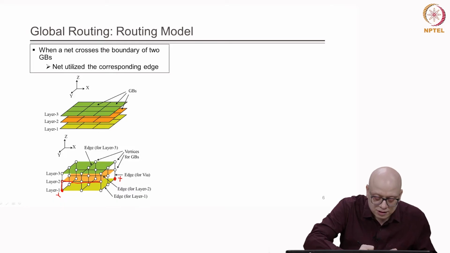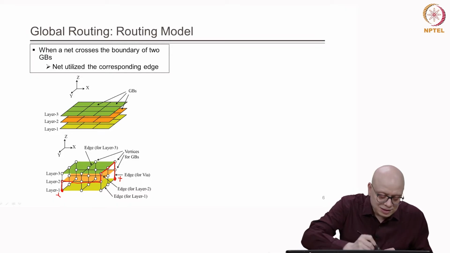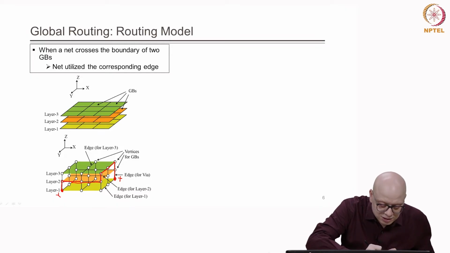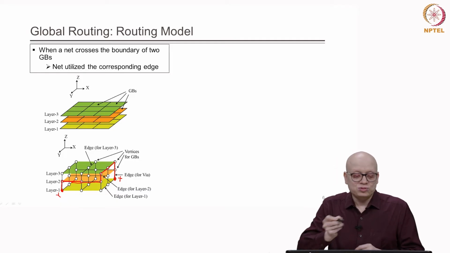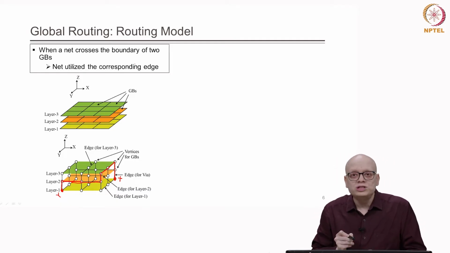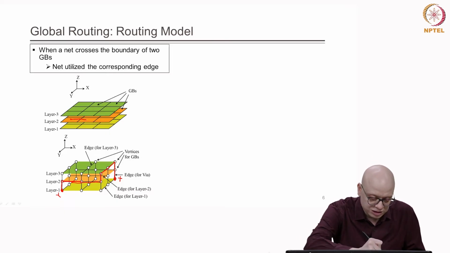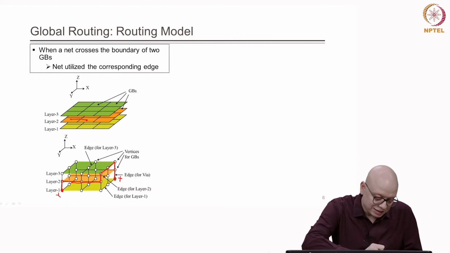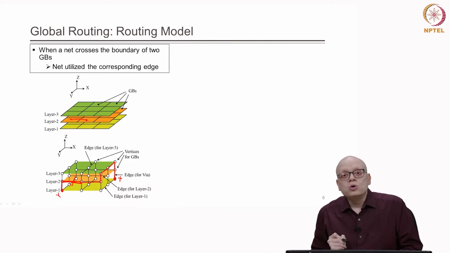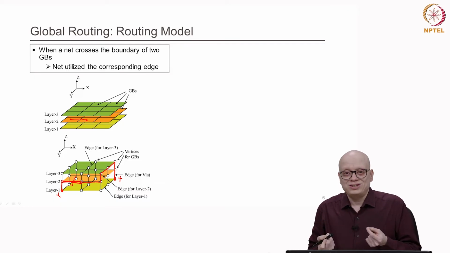So, if this edge was used by this net, when a net crosses the boundary of these two GBs, then the corresponding edge, this one which I am highlighting, is said to be utilized or used.